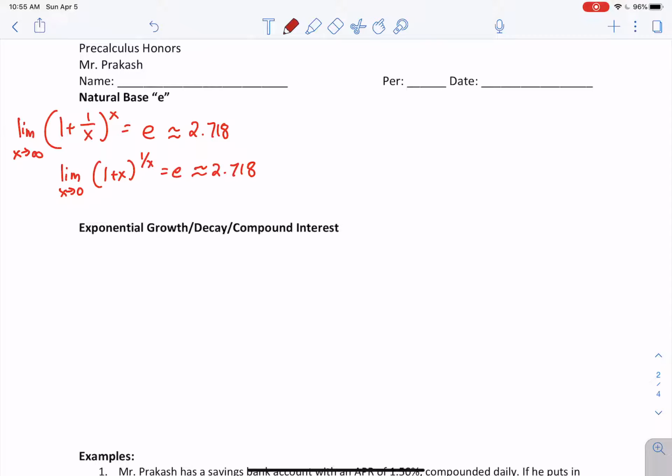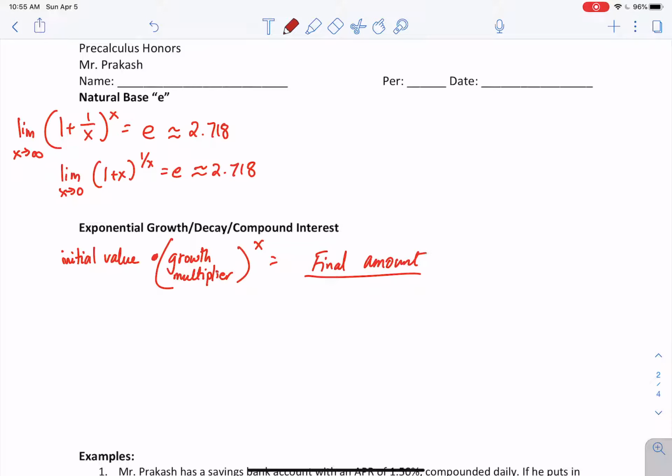So generally with growth and decay, we have some initial value times a growth factor, a growth multiplier, raised to the exponent will give us a final amount. This works for any exponential growth or decay graph.